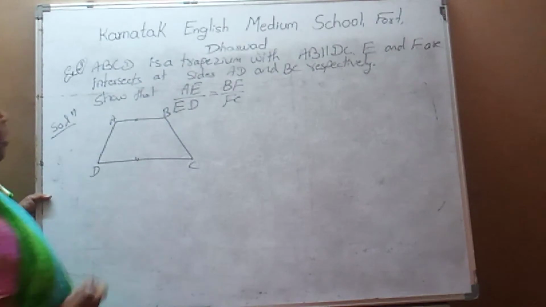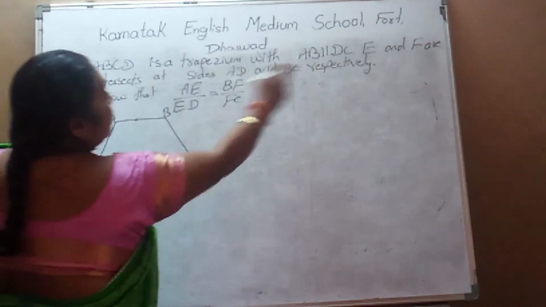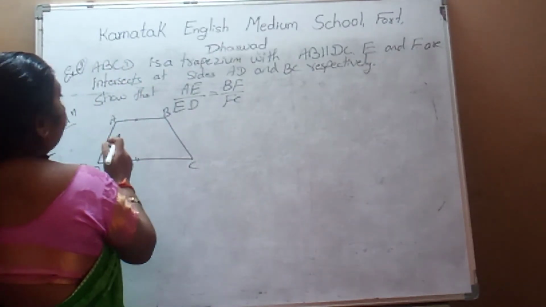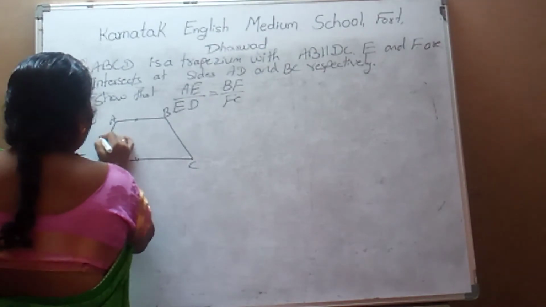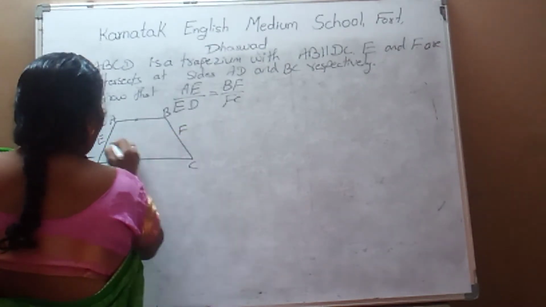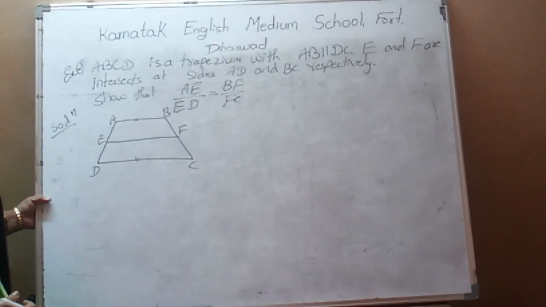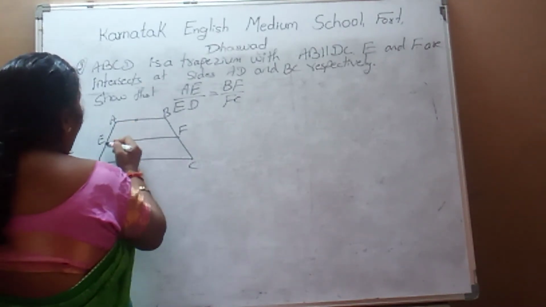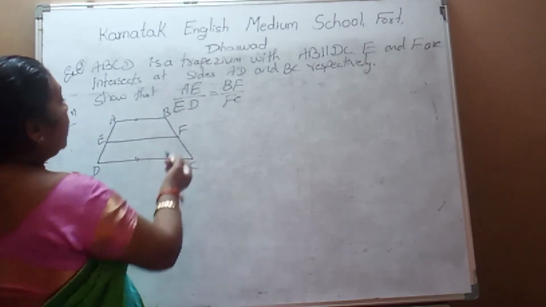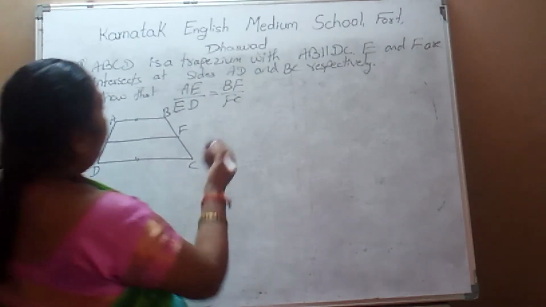E and F are points on AD and BC respectively. What can you show here? AE upon ED equal to BF upon FC.